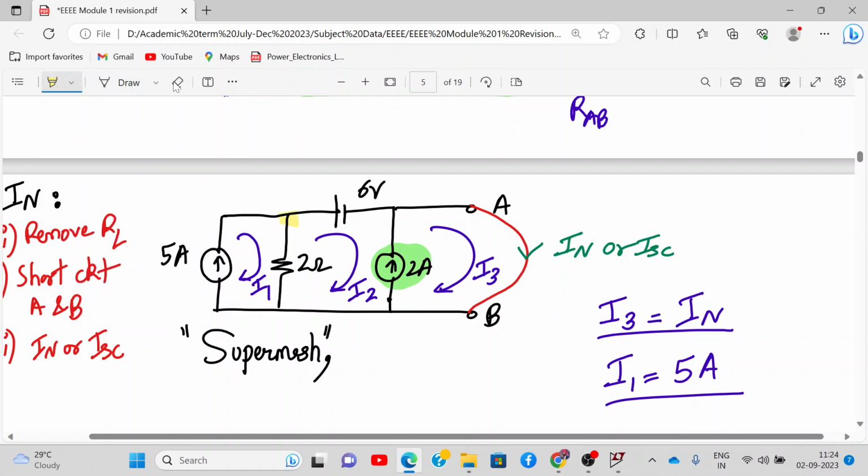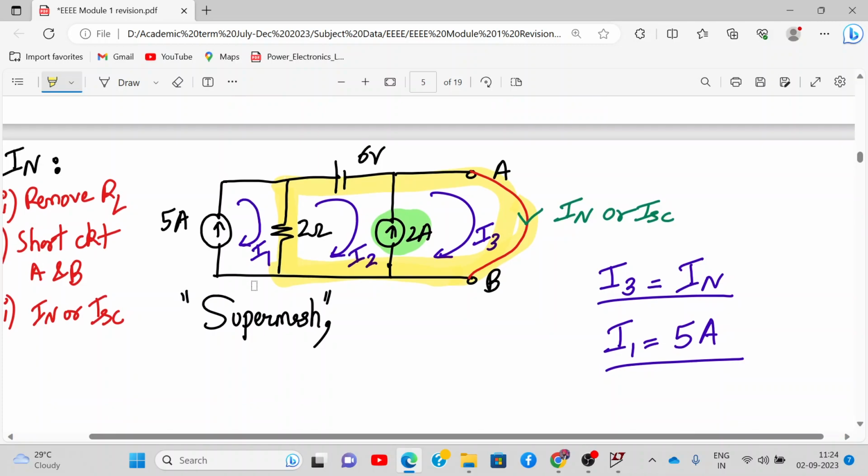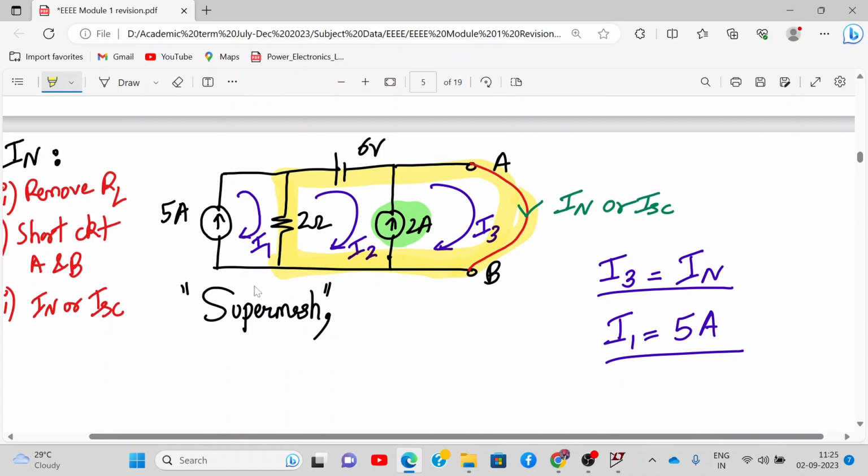So what is super mesh? You apply your KVL around the loop, but not within this. Are you following? So in this yellow portion which I have marked, you have to find the current. And how is 2 ampere related to I2 and I3? That is the super mesh equation. How do you write it?